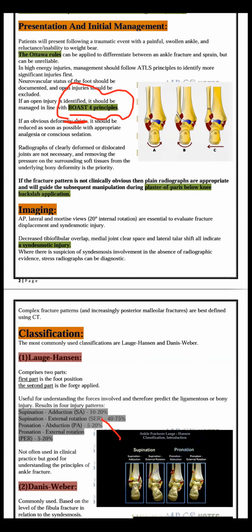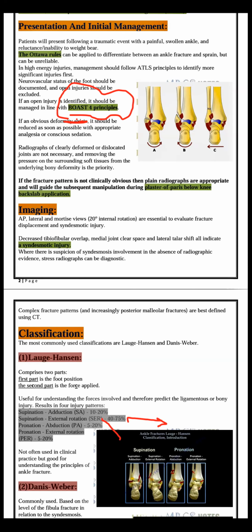Here, you will have to predict the ligamentous or bony injury resulting from all of them. The highest incidence of ligamentous injury and bony injury is coming with supination and external rotation. Keep only this information regarding the Lauge-Hansen classification.